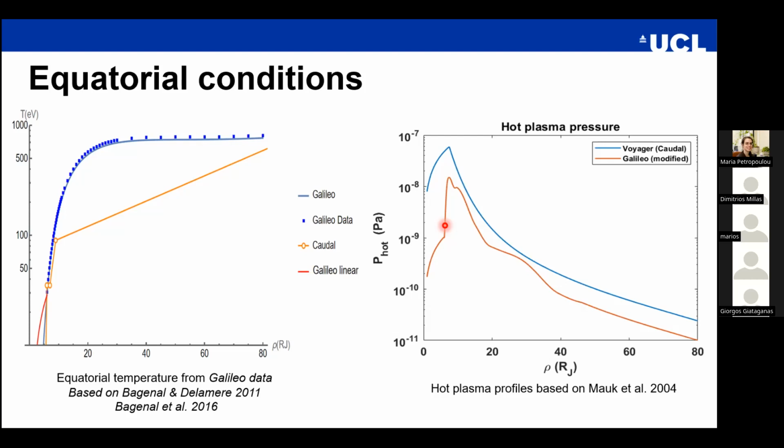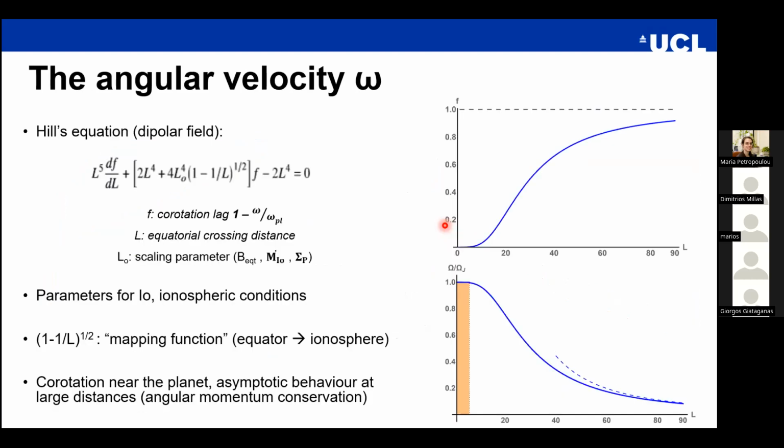So we kept both conditions in the code, and we can model two very different eras of the system. And of course, if you know the temperature and the hot plasma pressure, you can also find the density and other quantities on the equator. Then the last ingredient was the angular velocity of the plasma.